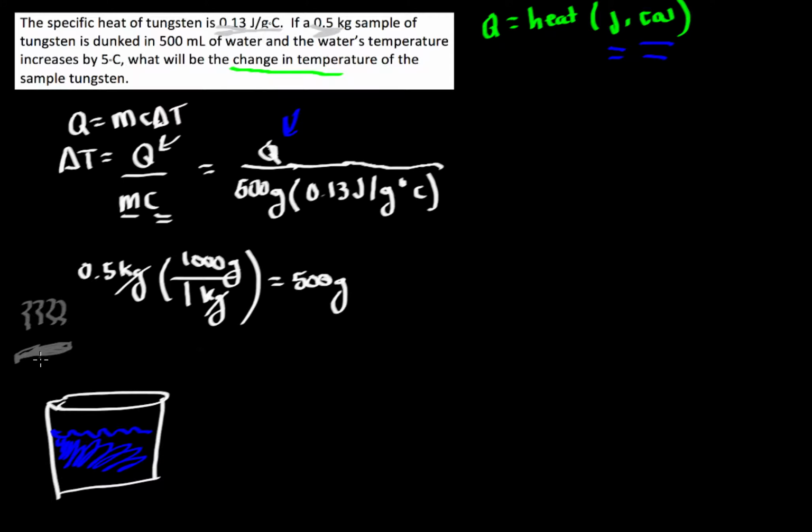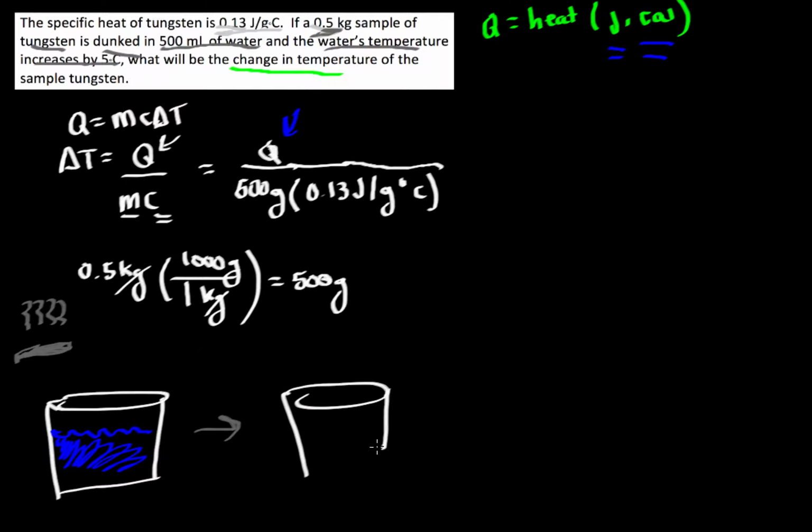We're not given its temperature, but we won't be needing it for this problem. The problem says that the 0.5 kilogram of tungsten was dunked into 500 milliliters of water, and we're told the water's temperature increased as a result. Let me redraw my diagram real quick.